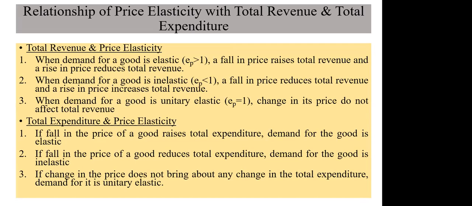So if you multiply 80 into 1.2, I know it comes around 96, but it's almost equal to 100. So there will be no change in the total expenditure or total revenue. So in case of a unit elastic product, a change in price does not affect the total revenue amount or the total expenditure amount.